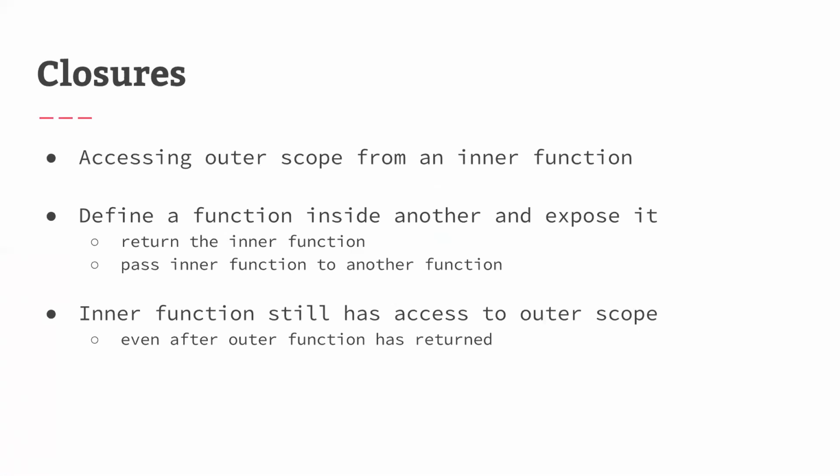So basically the way you implement a closure is you define a function inside another function, and then you expose that inner function. Either you can return it, that's one way to get that inner function exposed, or you can pass that inner function to another function like a callback.